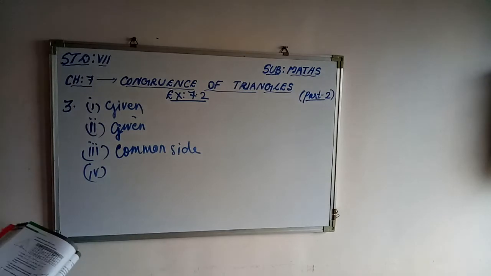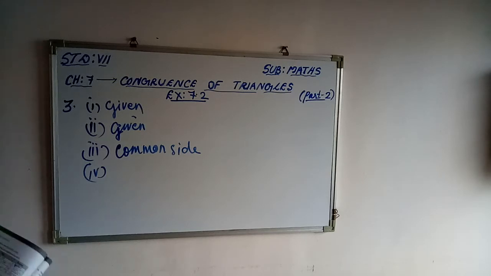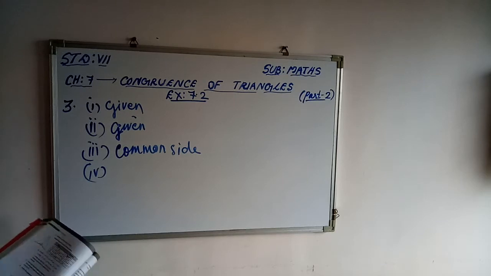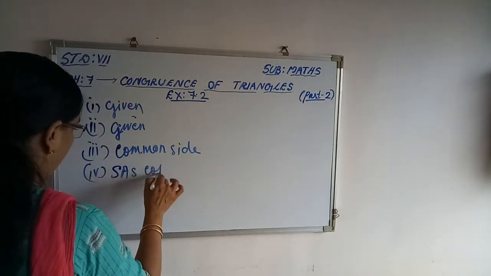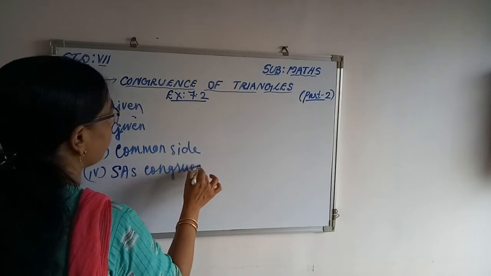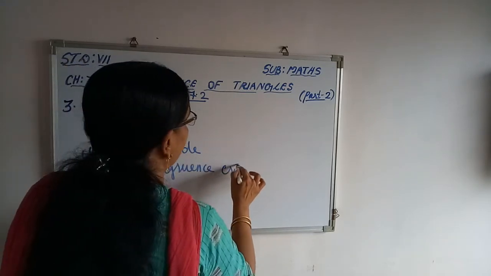Now fourth one, triangle AMP congruent to triangle AMQ. You have to write which congruence rule. So two sides are already given and the included angle. So it is the SAS Congruence Criterion.